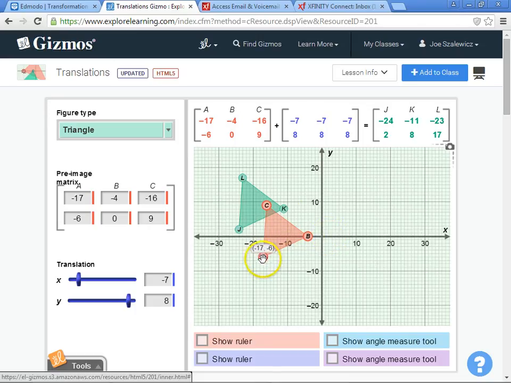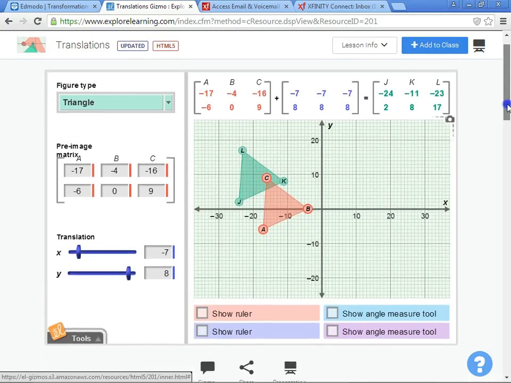So our former point A is now J, our former point C is now L, and our former point B is now K.